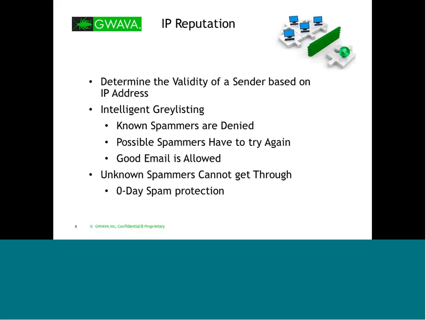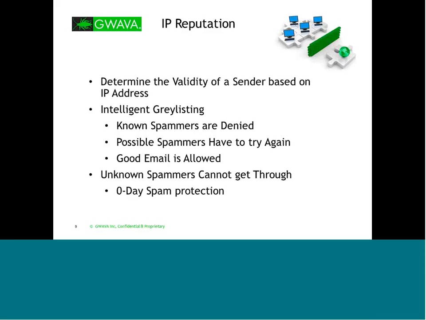IP reputation. So this is available, okay, only with the SMTP scanner. So it determines the validity of a sender based on IP address. So there are different IP reputations out there. So known spammers, okay, this is like a little database. Known spammers are totally denied access.